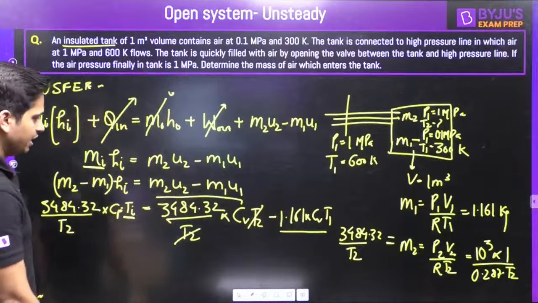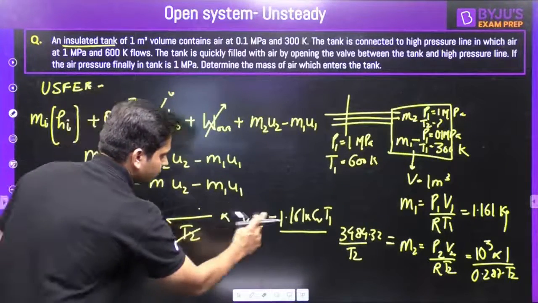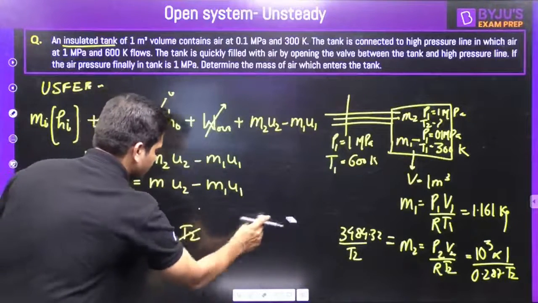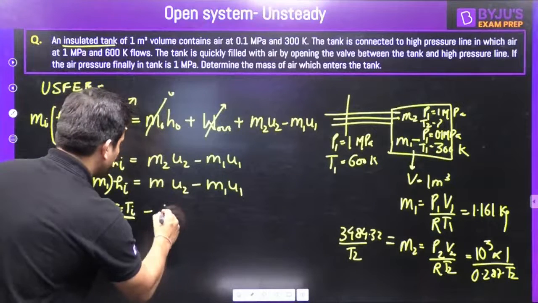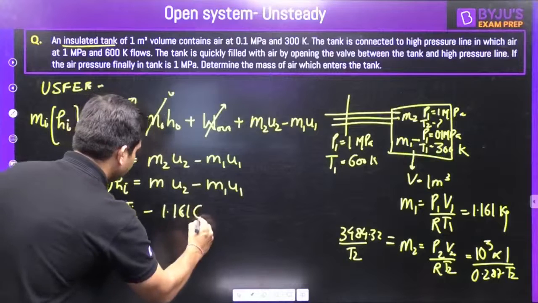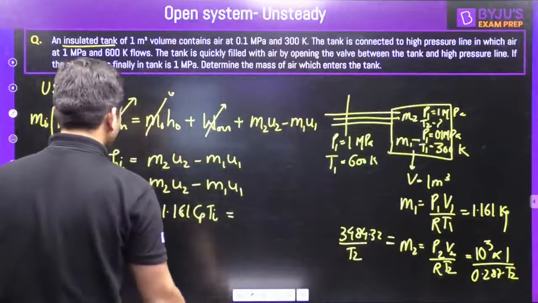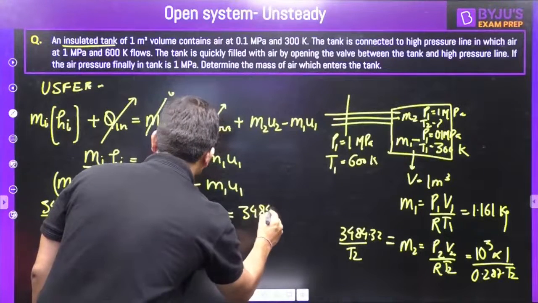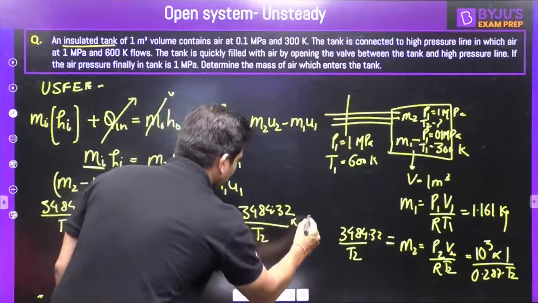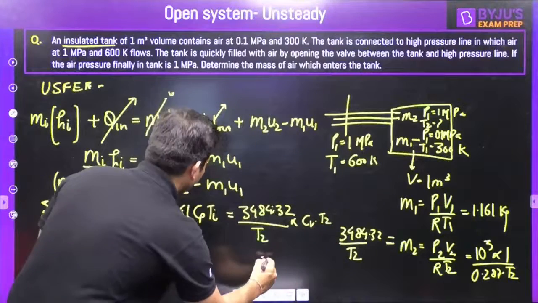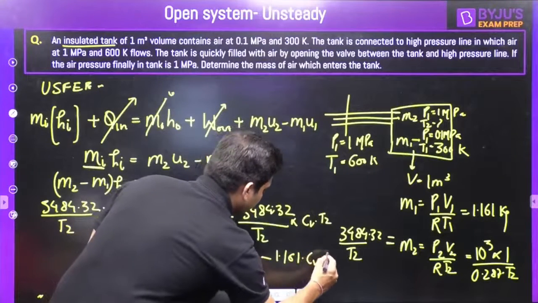I'm sorry, I have made a mistake here. Minus M1, 1.161 CP Ti is equal to M2, 3484.32 by T2 into CV T2 minus M1, I know 1.161 into CV T1.